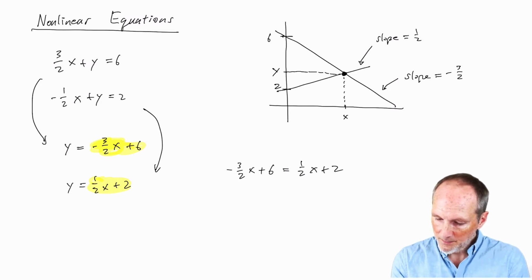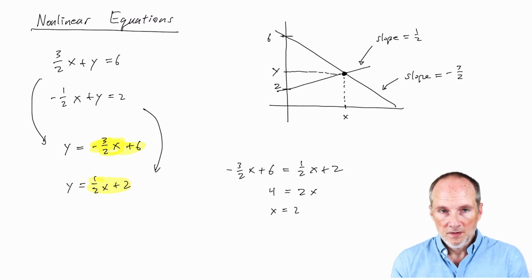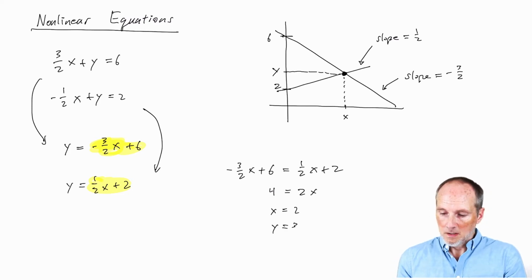And so if I subtract 2 from both sides, and I add 3/2 x to both sides and simplify, I get that 2x equals 4, so x is equal to 2. So I can substitute that back in, and y is equal to 1 plus 2, which is 3.